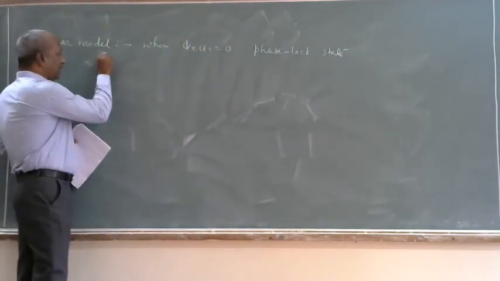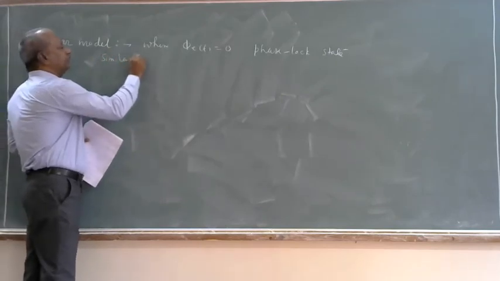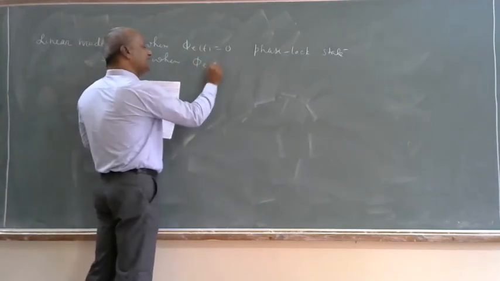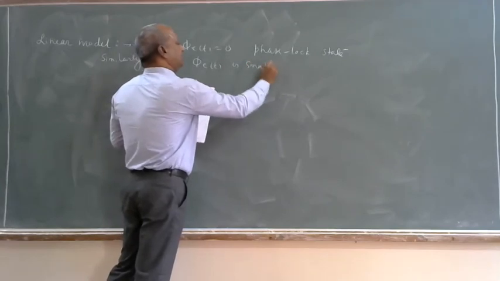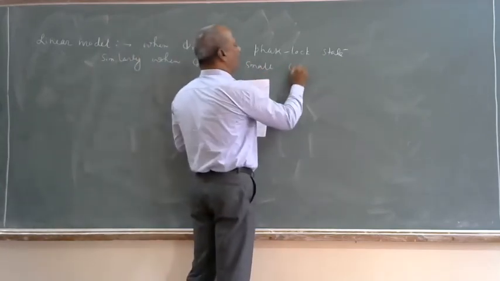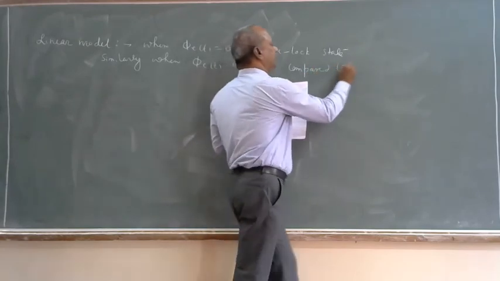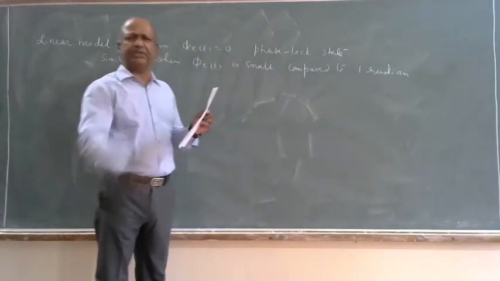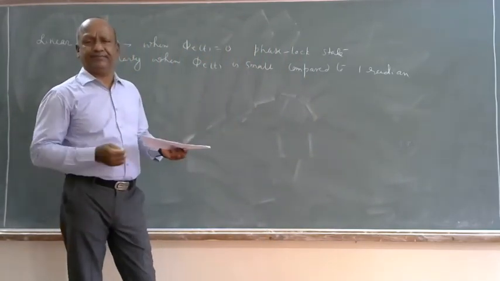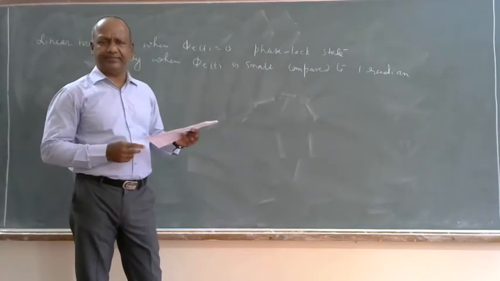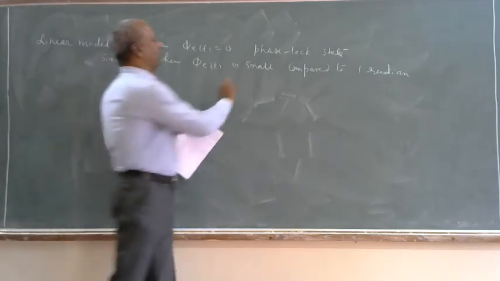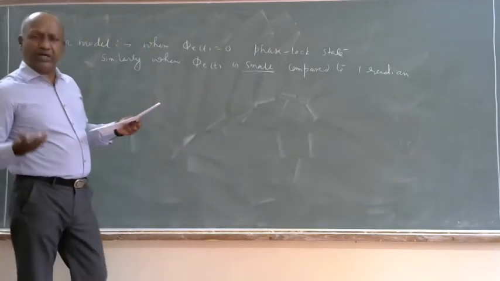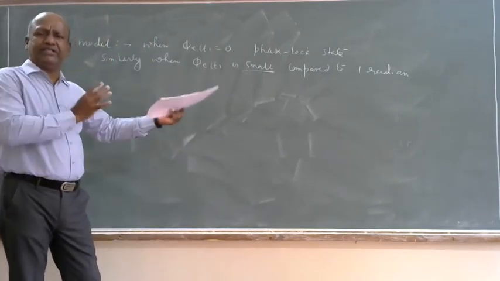Similarly, when phi of t is small, small compared to 1 radian, very close to 0 but not exactly 0, what actual approximation takes place and what state is going to be attained by the PLL?